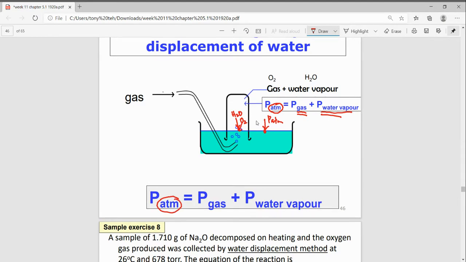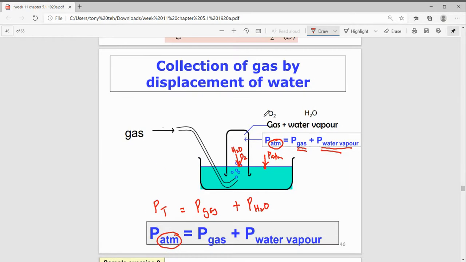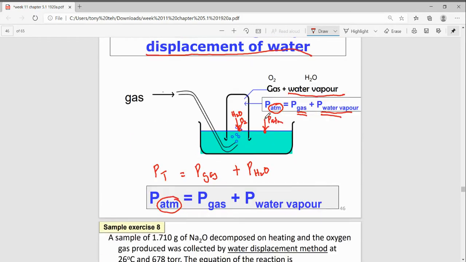If you do not want to use atmospheric pressure, you can always use total pressure equals pressure of gas plus water vapor. So when you see the words water displacement method, or you see that water vapor pressure is given, it indicates that this gas contains both, that is, pressure of gas given and also water vapor.